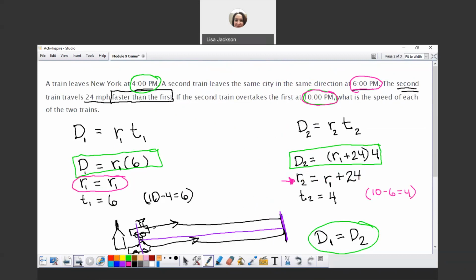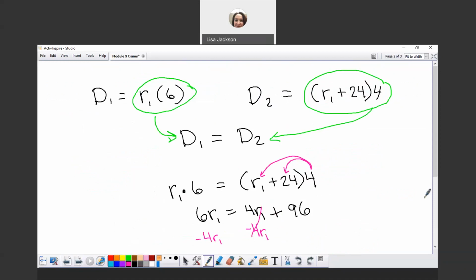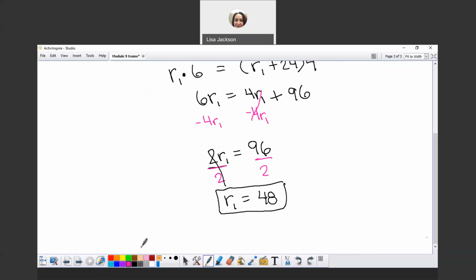So I'm going to turn my page back. R1 is 48. R2 is 48 plus 24 because R2 was R1 plus 24.